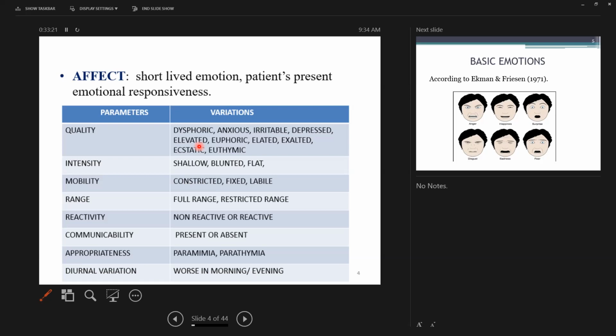So coming to sir, you should assess emotions in all the patients. When you keep on assessing patients, for example, you see incongruity in what the patient is saying, describing his delusion, but the emotional responses are not congruent with what he's saying.